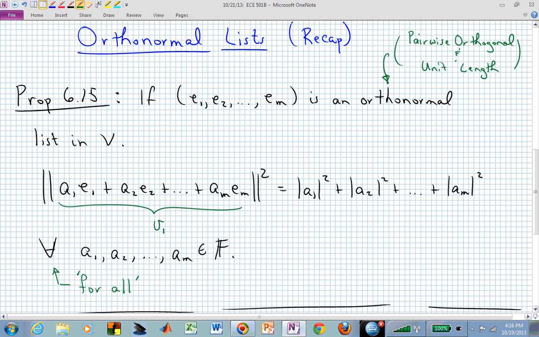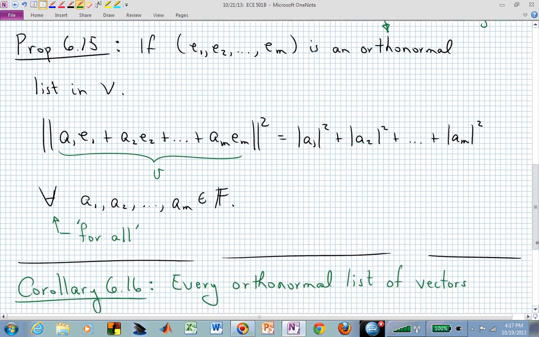That's proposition 6.15. If we can represent a vector V, maybe we just call it V, as some linear combination of an orthonormal list in capital V, then we can find its norm squared rather easily.